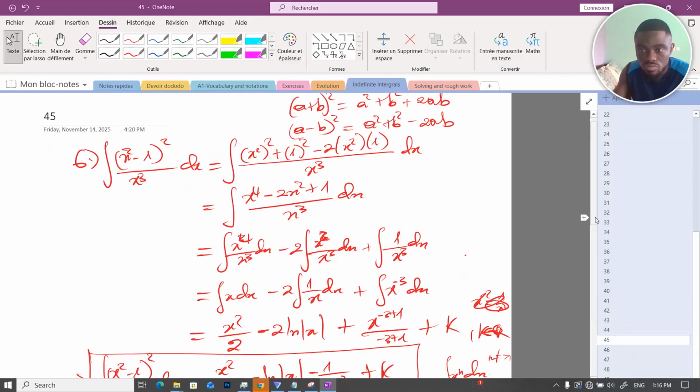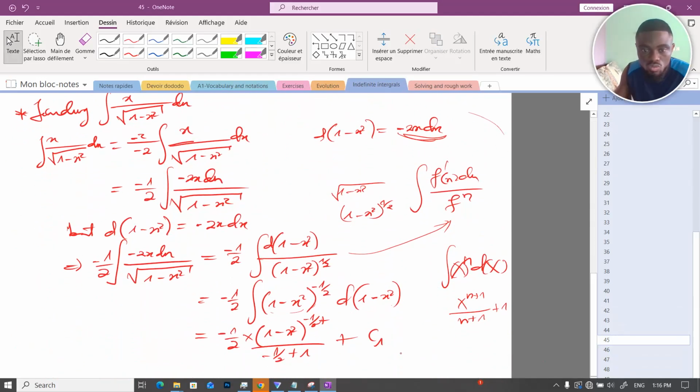Okay, so we are here. So this implies the integral of x all over the square root of 1 minus x squared dx will be equal to what? This 1 minus a half is a half. You understand?